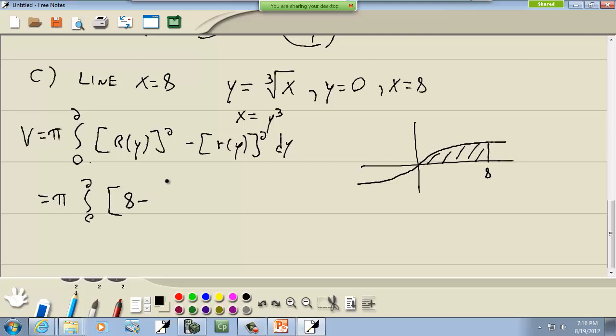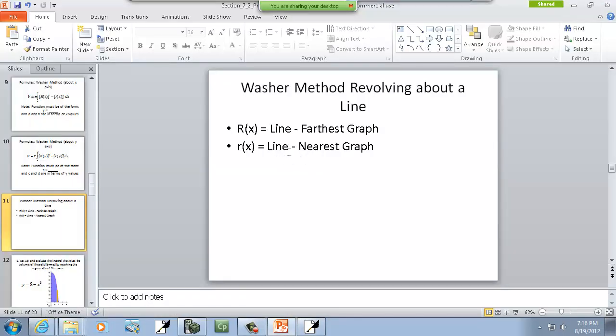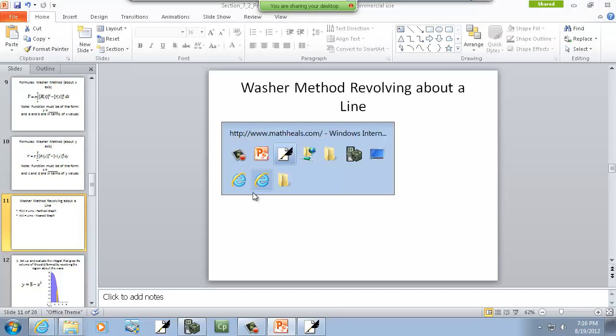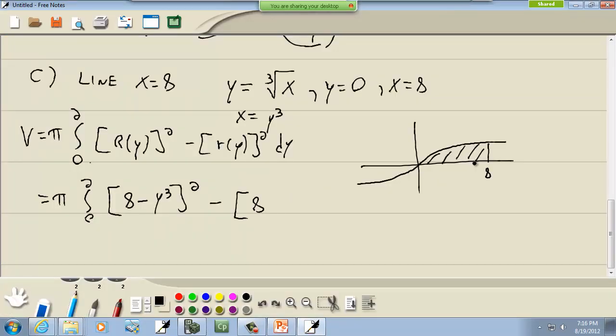So what is that? The y to the third, squared, minus, and then the little r of y. This is the one that's making me pause. We got our line, which we're revolving around, 8, minus the nearest graph. Well, the nearest graph is this one right here that's sitting right on top of it, which is 8, squared, and dy.